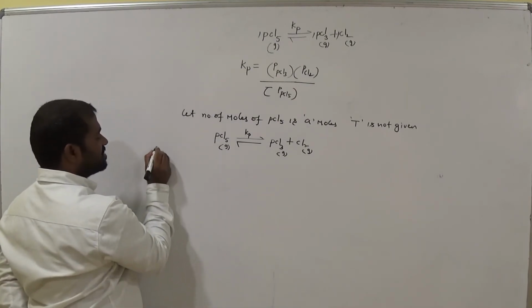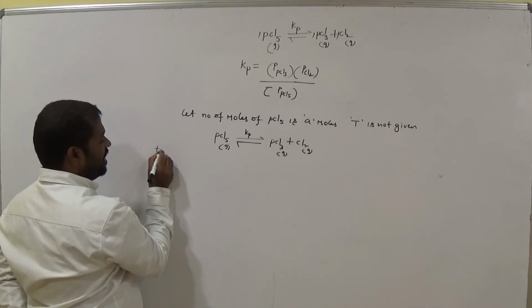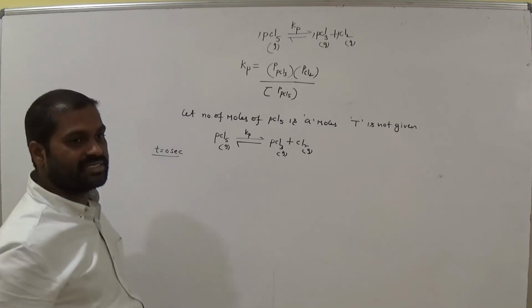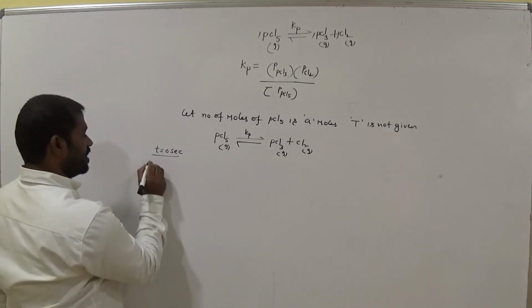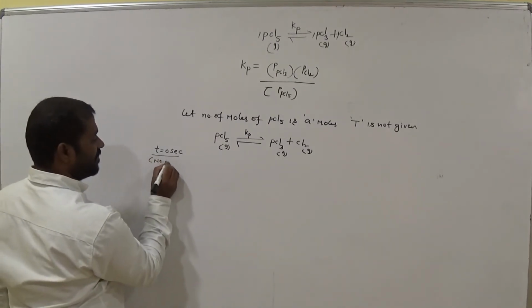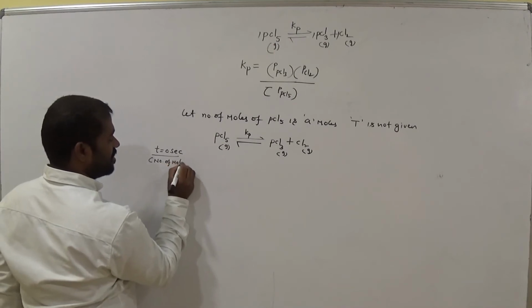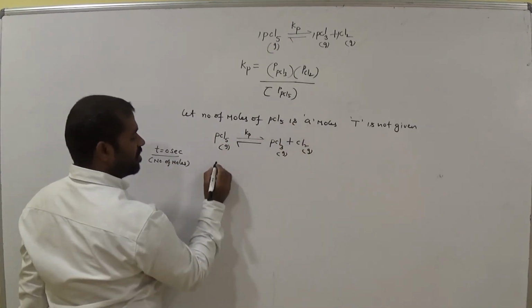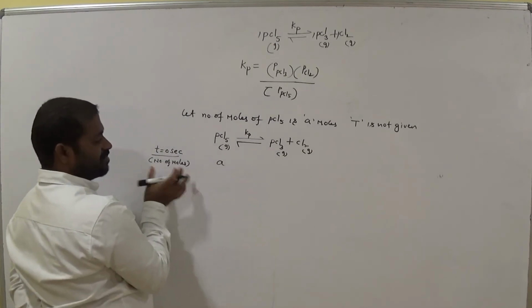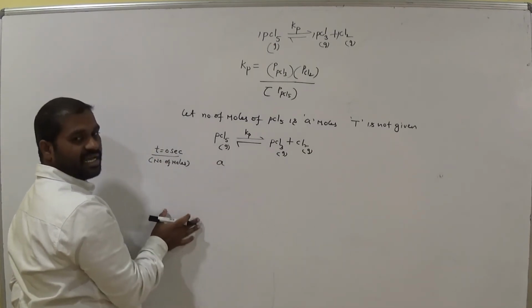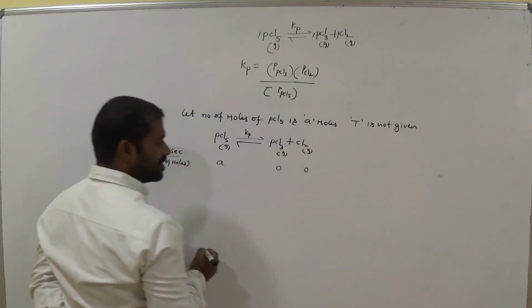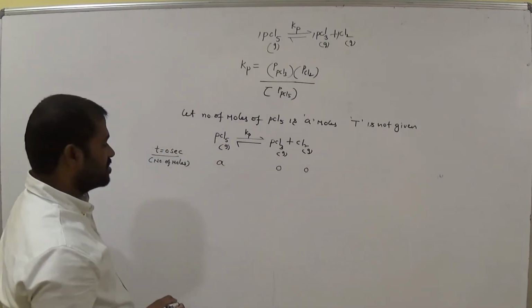So in this case, suppose at t equals 0 seconds, the number of moles given. What is the number of moles given? A moles, initial moles. Is there any product initially? No, so their moles are taken as 0.